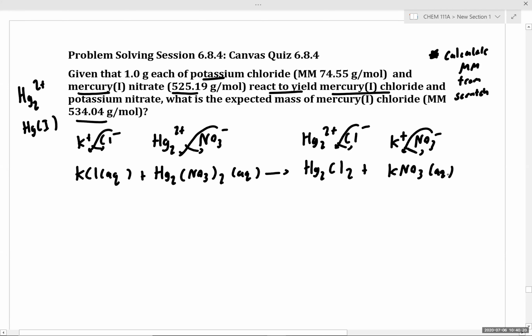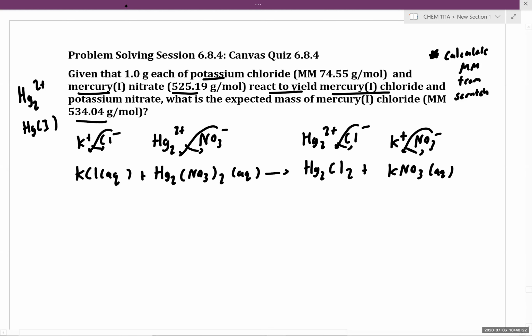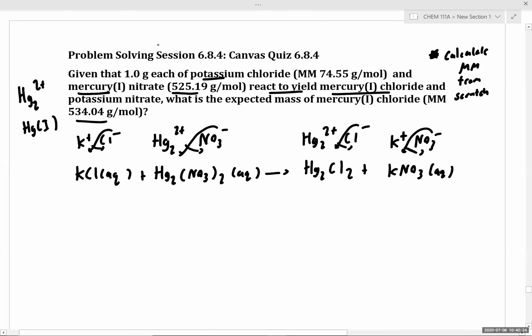Okay, so now that we have our equation, my question to all of you, is this equation balanced? No. So looking at the left-hand side, we have 1 chlorine. Looking at the right-hand side, we have 2 chlorines.